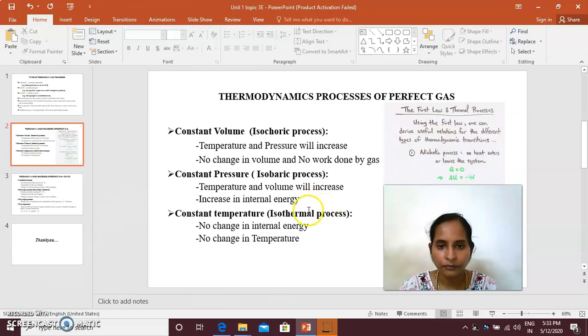Again, let me recall the various topics covered in my 7 videos for the first unit of engineering thermodynamics for the 2017 regulations of the Anna University syllabus.